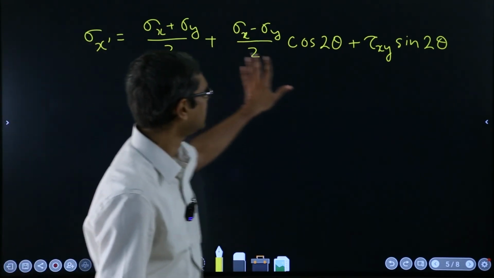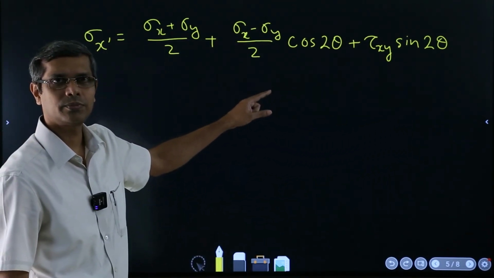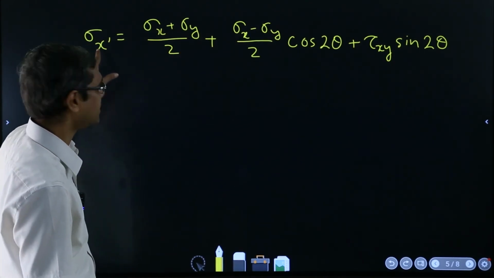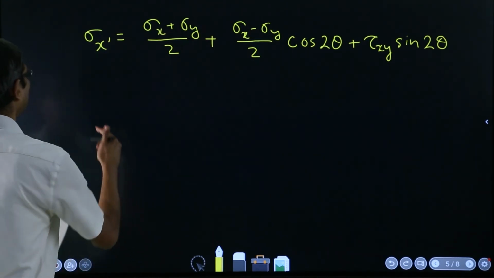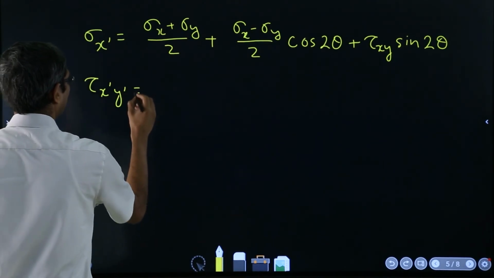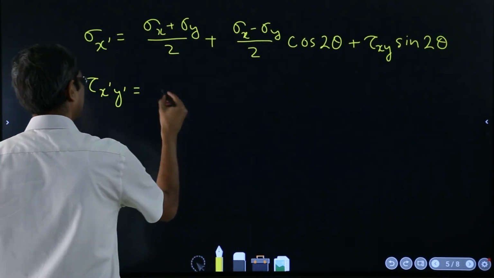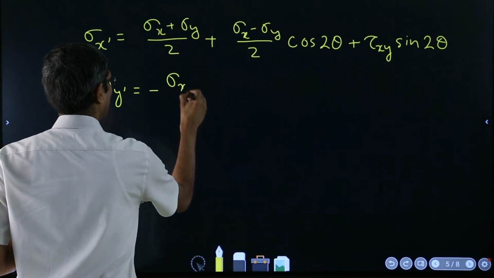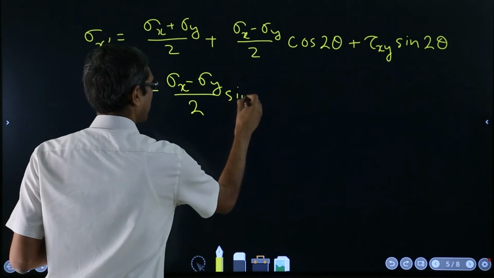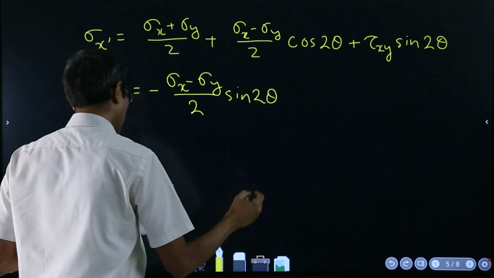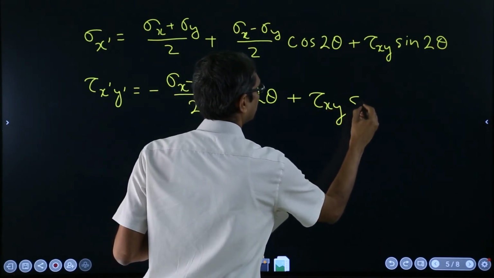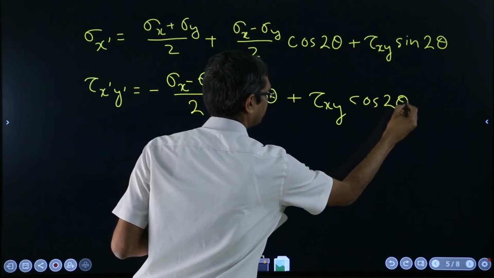See, on this right hand side everything is in terms of the x and y coordinate system, and this side is the x primed coordinate system, and similarly the tau x primed y primed you can get like this: minus of sigma x minus sigma y over 2 sine of 2 theta plus tau xy cosine of 2 theta.